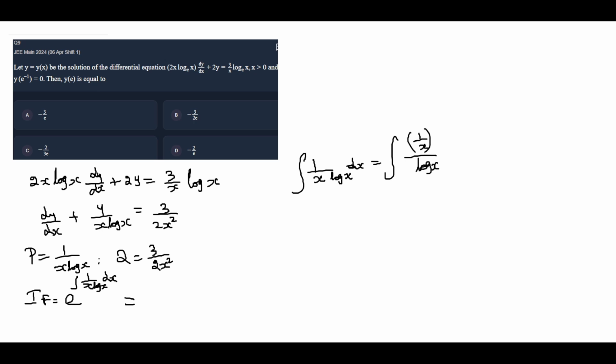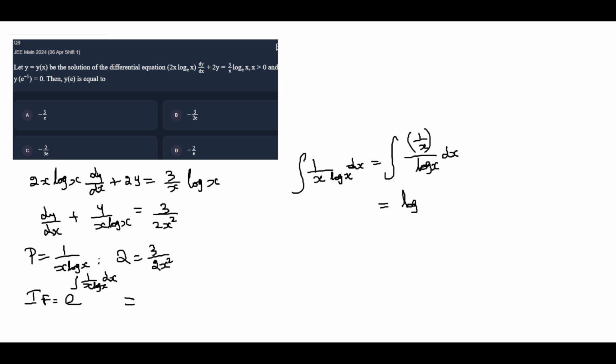Okay. Now integrating factor IF equal to e power integral 1 by x log x dx. Integration of 1 by x log x, you can imagine as integral 1 by x divided by log x dx. If you differentiate the denominator, you get the numerator.